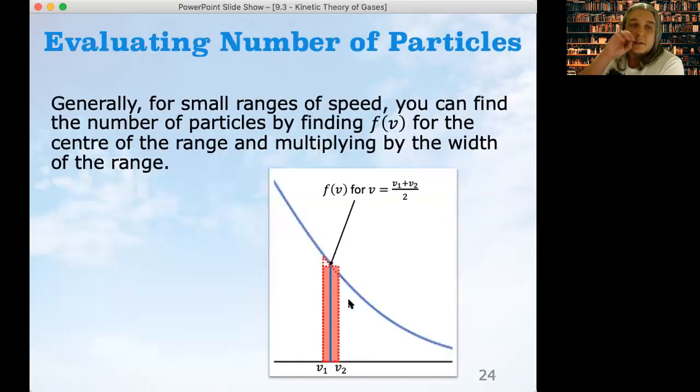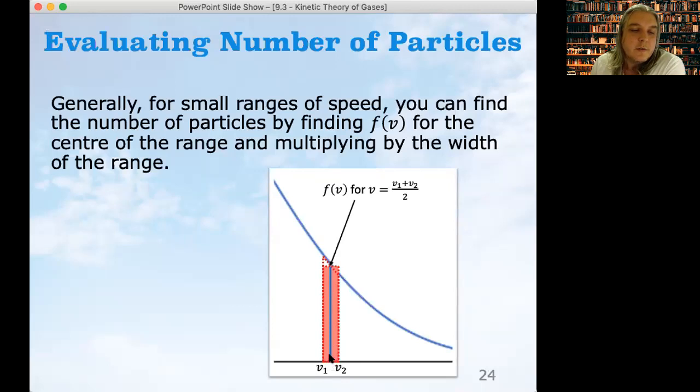A little simplification that makes our job a lot easier is that for most of the area on the graph, assuming you're not using really big ranges, you can find the area, or a very close approximation to it, by finding the function in the middle of that velocity range, and then multiplying it by the width of that velocity range.